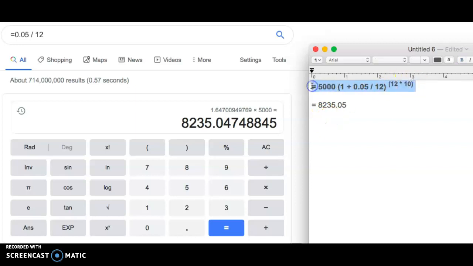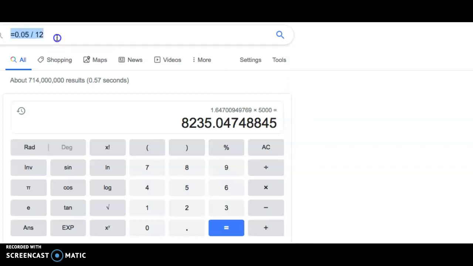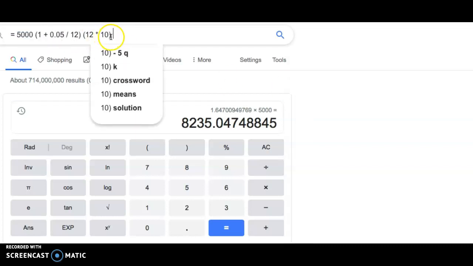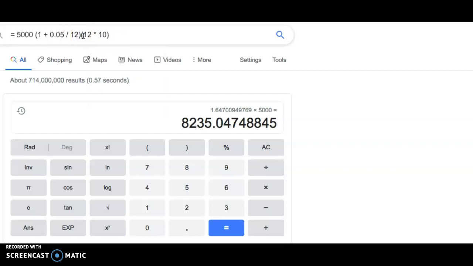Here's another trick you can do. And let's see, I'm going to take this whole thing here, I'm going to copy it, I'm going to paste it in here. The trick here is that in Google, to do exponents, you want to use this caret or this hat, and I'm going to change that to 120.